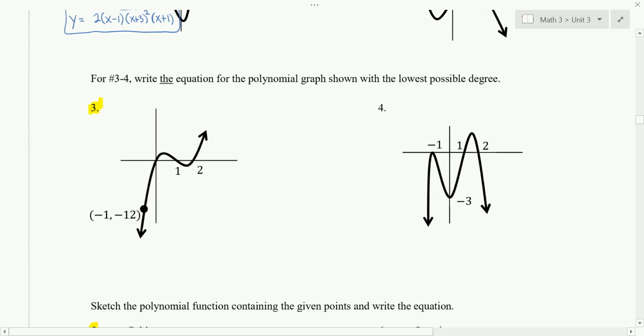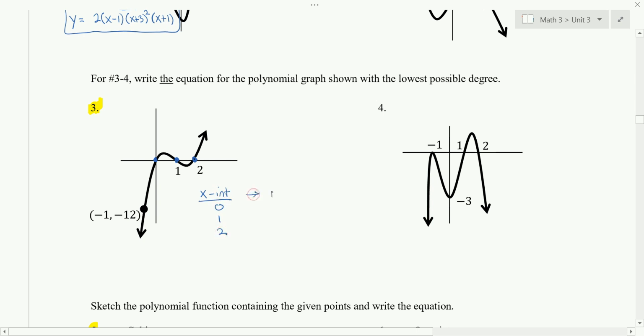Next, let's take a look at number 3. Number 3, we have a little extra information. And so this graph is crossing through 3 points, where it has 3 x-intercepts, and each x-intercept gives you a factor. So here we have our x-intercepts are 0, 1, and 2.